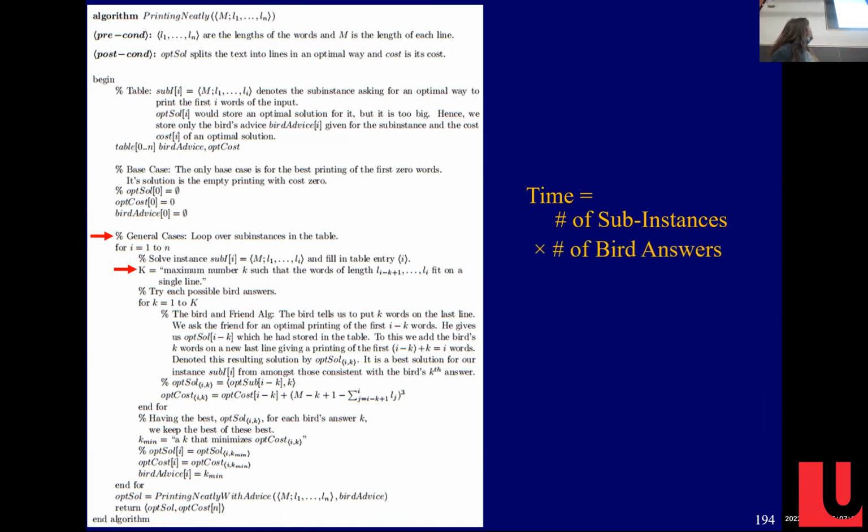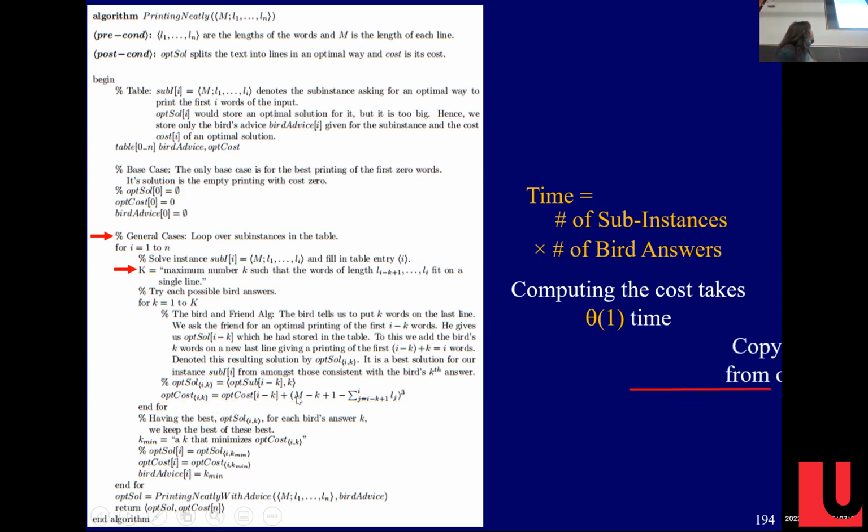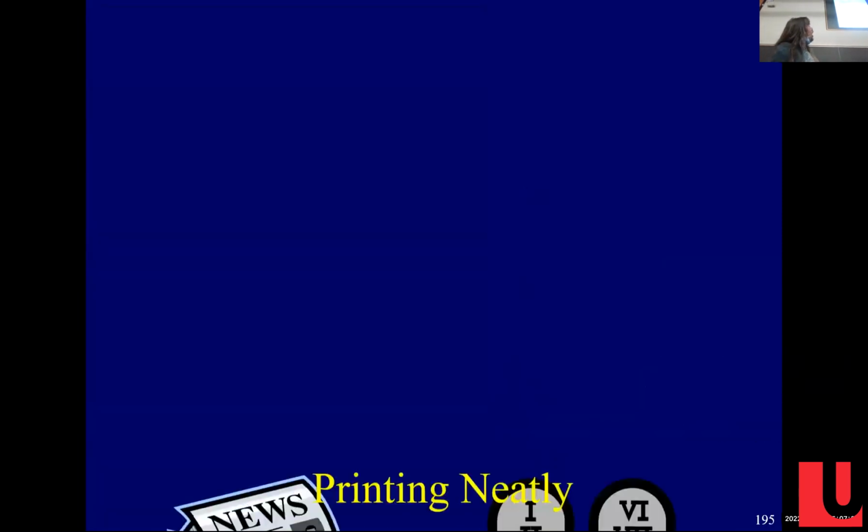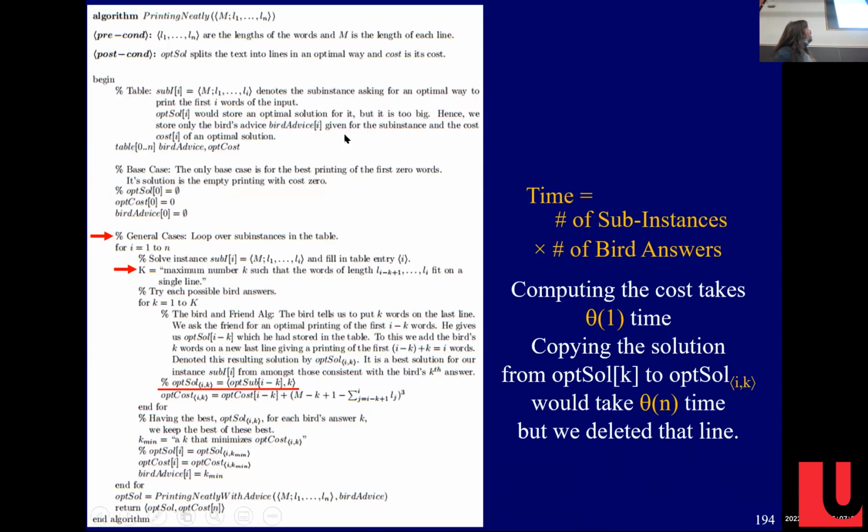All right, so that's the number of bird answers here. Now, here's the funny thing: this line of code takes order one time, right? But this line of code takes order n time, right? And that's why we're deleting it. And so that's our runtime.